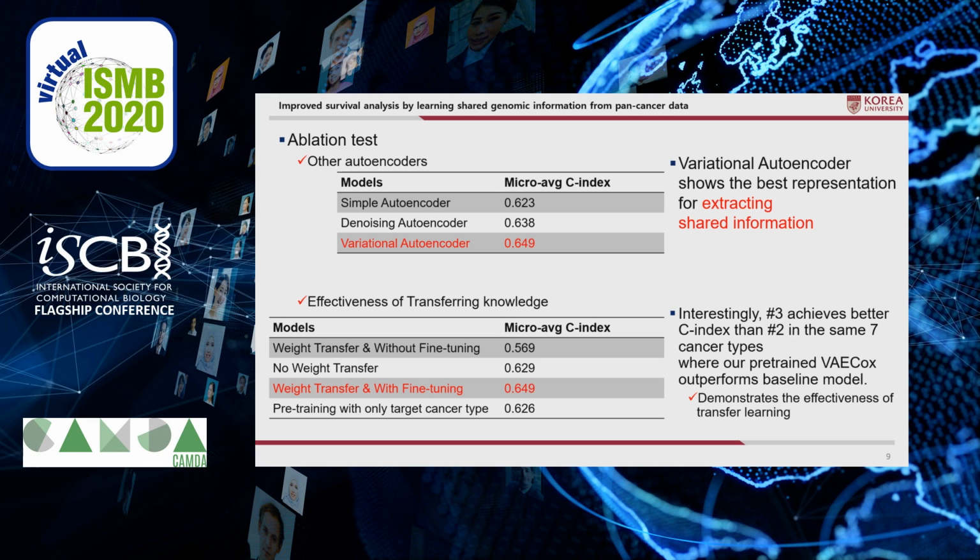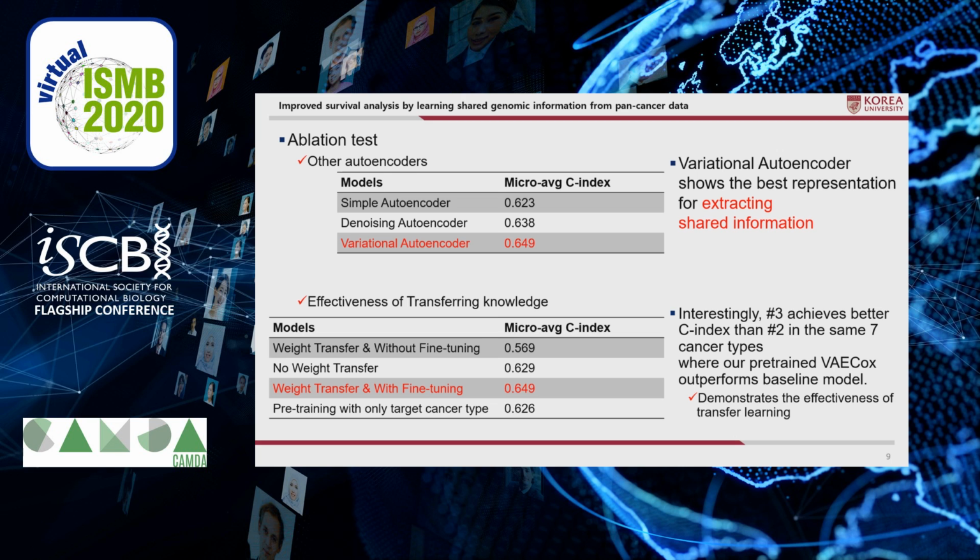We also checked whether the transfer learning is effective. We tried possible options for transfer learning and found that our current option shows the best performance, which is noted in red. One interesting finding is the comparison between no weight transfer and weight transfer with fine-tuning, which is our current option.